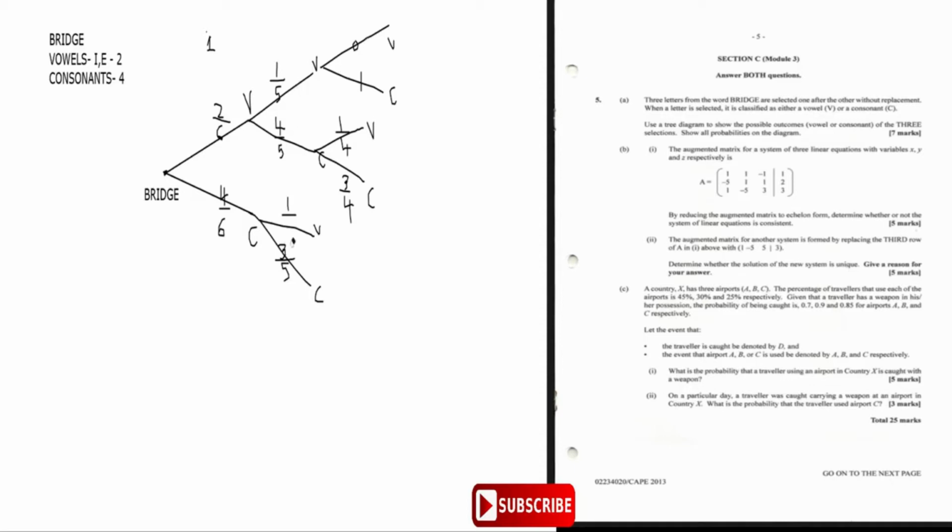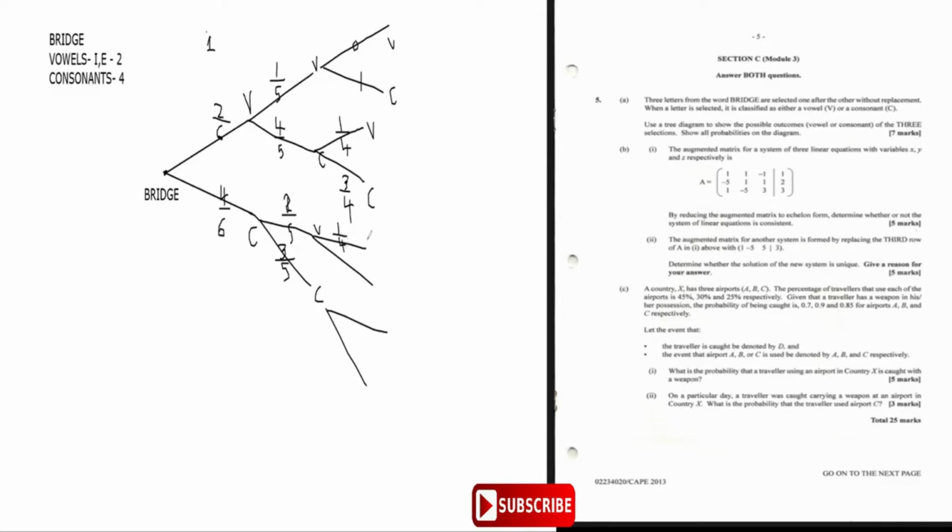Wait, here we make a mistake. It should be 2 vowel out of 5. Then here now you go again. If you choose a vowel out of these 2, you're left back with 1/4 vowel.